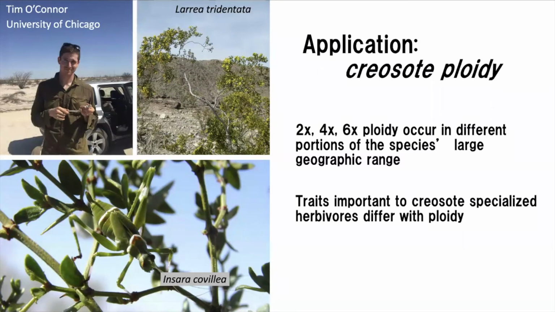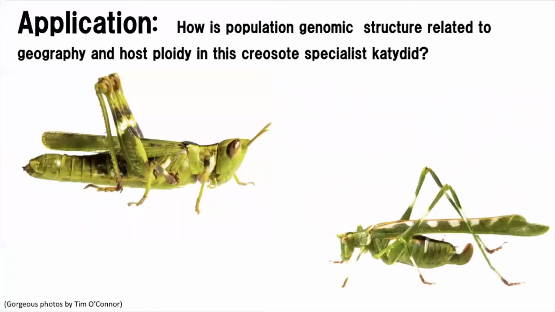But many traits important for these herbivores actually differ depending upon the ploidy, including the level of defense chemicals produced and the patterning on the stems that may be important for herbivore cryptic coloration. So we wanted to know how population genomic structure relates both to geographic distances and differences in host ploidy.